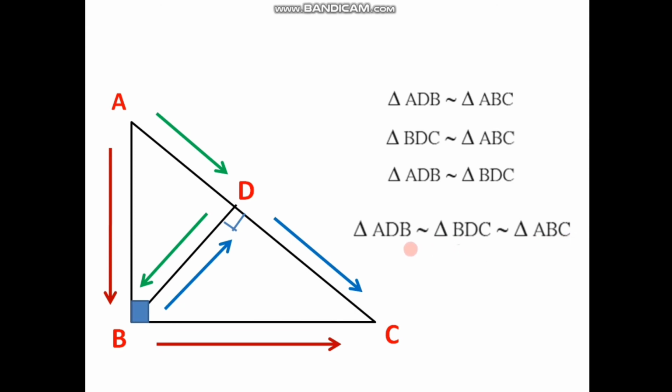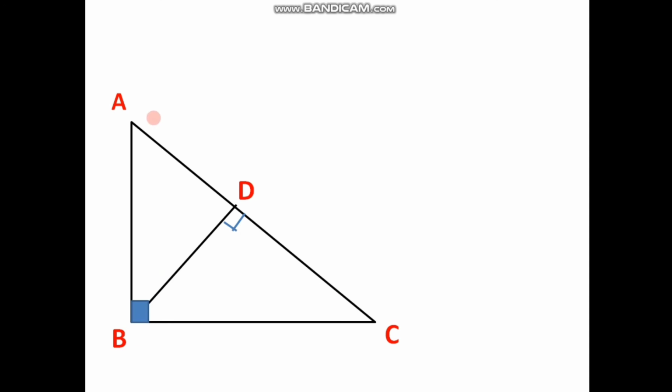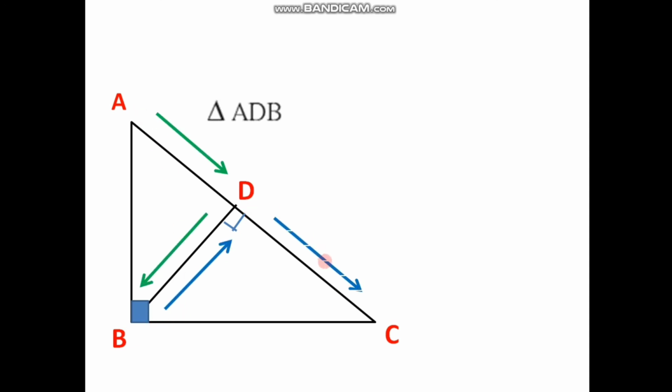We have to remember this correspondence, because if we take a wrong correspondence, then we may not get the result wanted. It is triangle ADB, then the second triangle BDC, and the original triangle ABC. I'll repeat to get the correspondence: triangle ADB, triangle BDC, and triangle ABC.